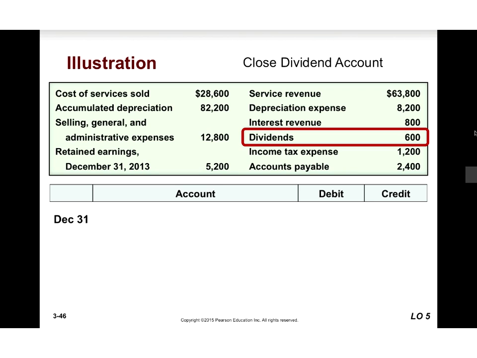If it were dividends they received, you would always see dividend income, dividend revenue, or investment income. If you see just the word dividends, it's dividends the company has paid. Dividends increase with a debit, so we're going to credit dividends and debit retained earnings for that. So the dividends entry, there's 1.